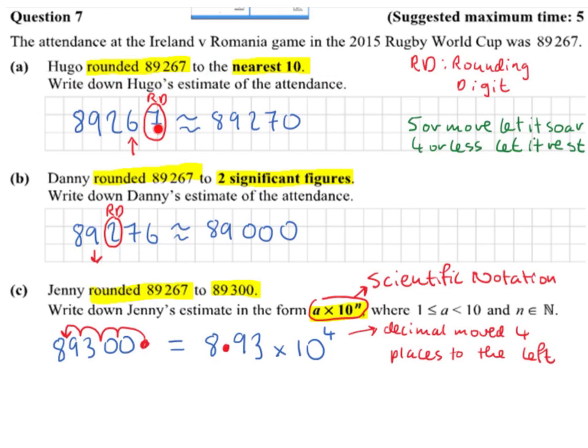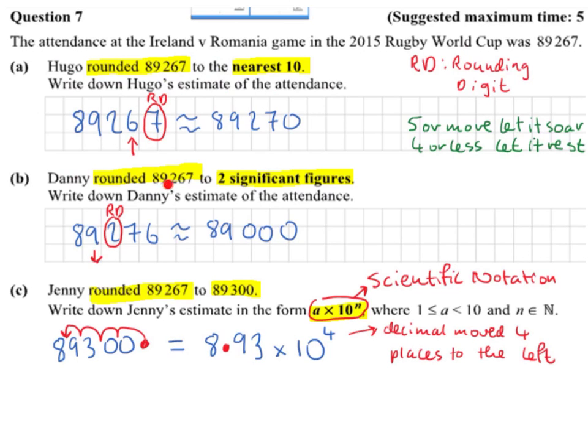So 7 is 5 or more, so the 6 is going to round up to 7, and then the 7 just becomes a 0. So we get 89,270. Since this 7 was greater than 5, we let it soar, we let it go up. The 6 goes up to 7, and the 7 gets replaced with a 0.